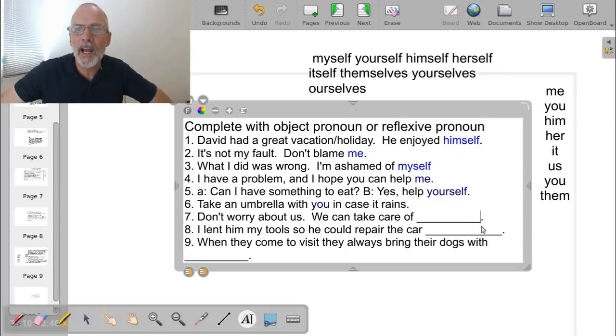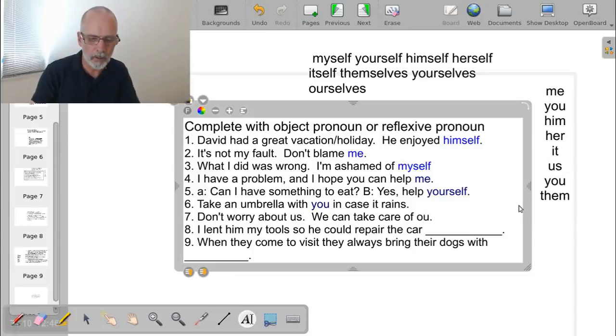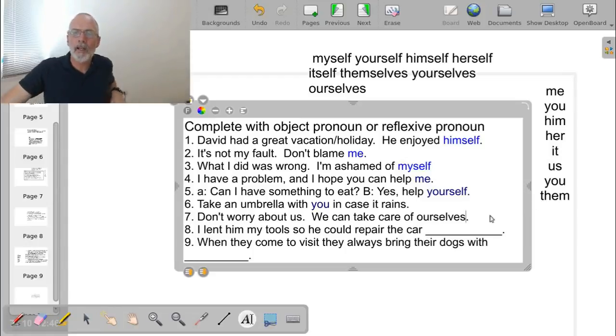The answer is ourselves, because we are going to take care. The subject and the object are the same thing. We can take care of ourselves. Subject and object, same thing.